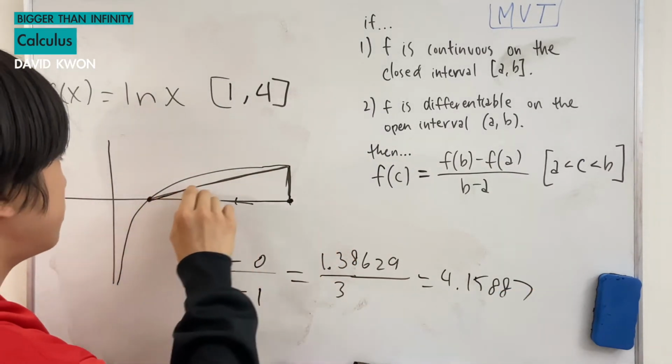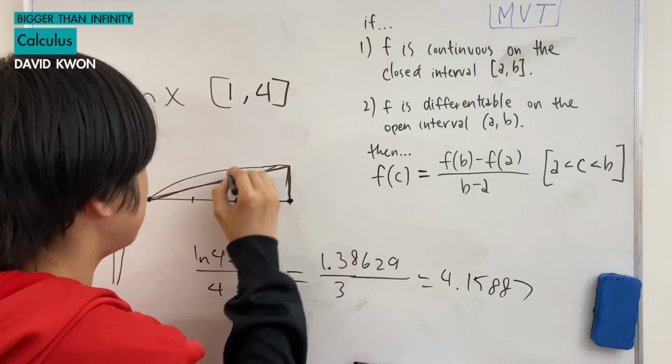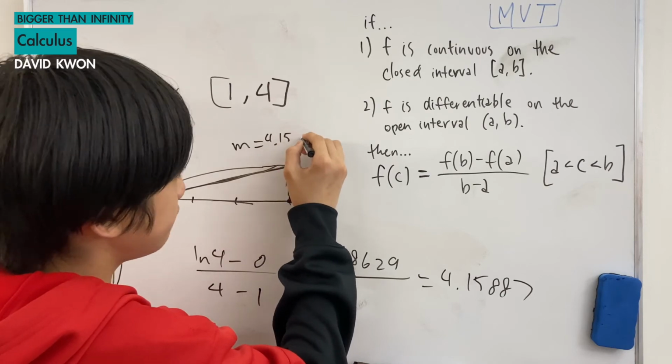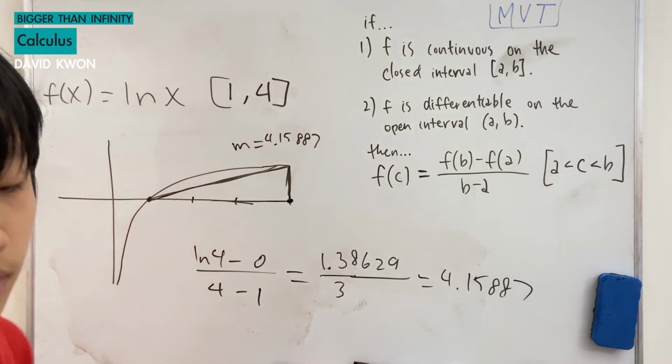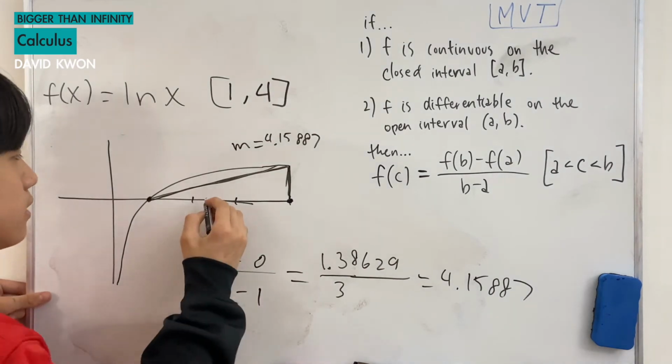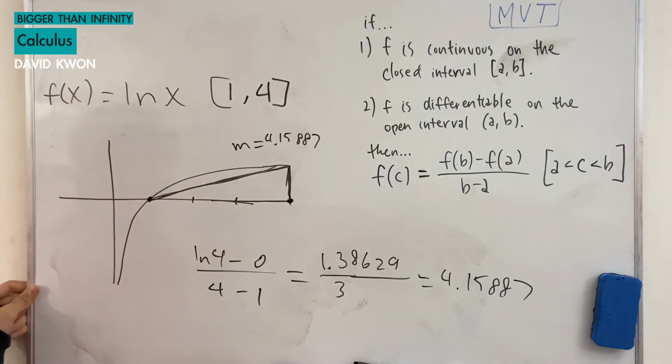So the slope m is equal to that. Now we need to find the value of c where the slope is equal to this.